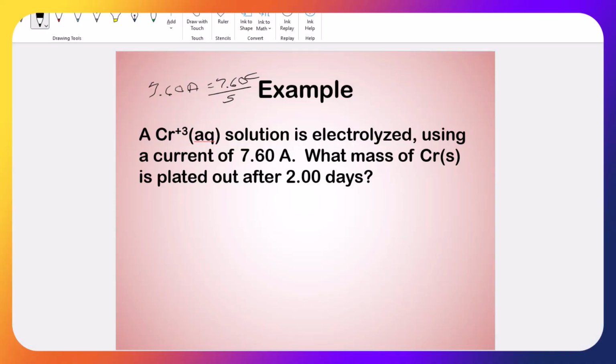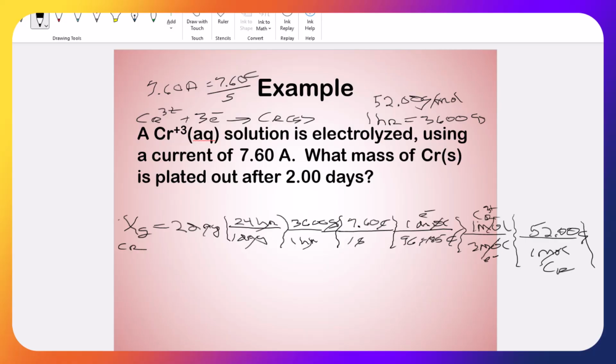Okay, I forgot to turn the recorder back on, but let me just show you what I've done. I went and looked up the molar mass of chromium, which is 52 grams per mole. A chromium solution, electrolyzed at 7.60 amps. I set it up, X grams of chromium. I want you to remember 1 hour is equal to 3,600 seconds.